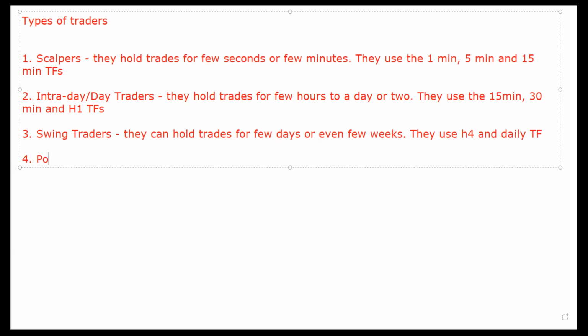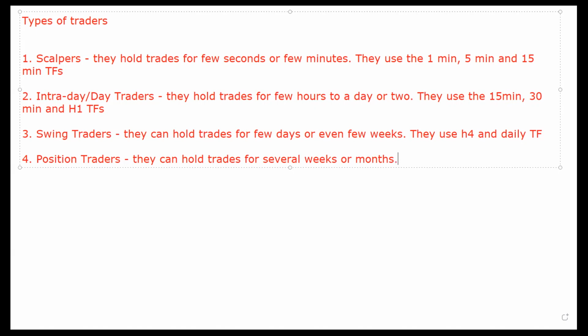And then we have the fourth group. We call them position traders. These ones are long term. They can hold trades for several weeks or months, maybe a few months, or even many months.